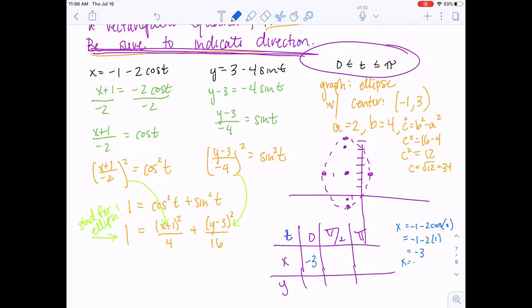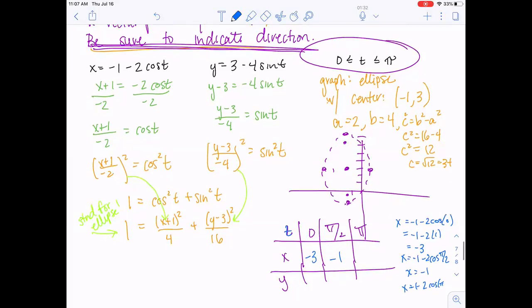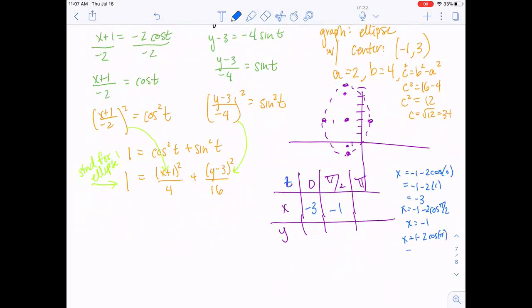Do the same thing for pi over 2. Cosine pi over 2 is 0, so that would be -1. And then do the same thing for pi: -1 minus 2 cosine of pi. That's -1 minus 2 times a -1, so -1 plus 2, which is 1.